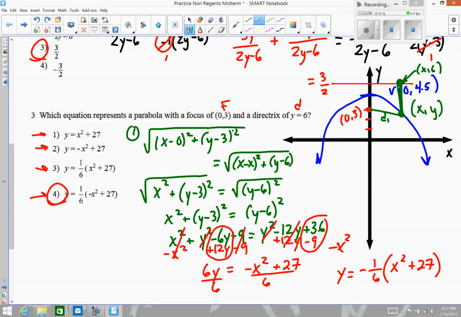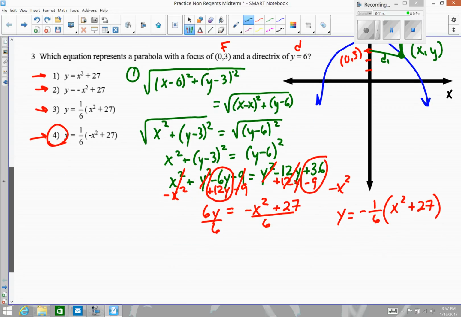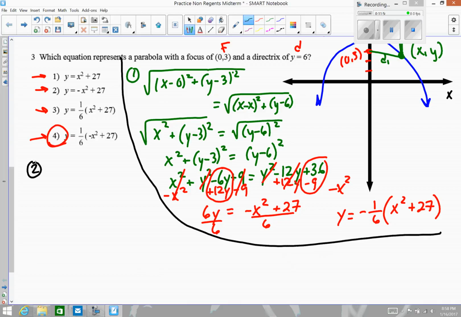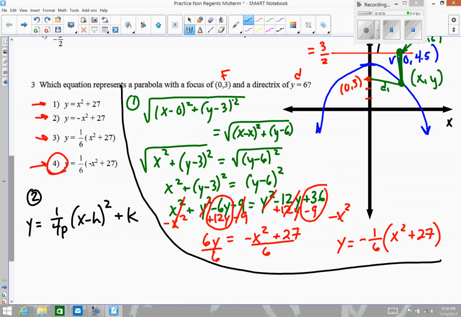The other method, which I will go ahead and go through, so method number 2, involves using our formula y equals 1 over 4p times x minus h quantity squared plus k, but I need to make sure I take care of my leading coefficient, or the sign of that.